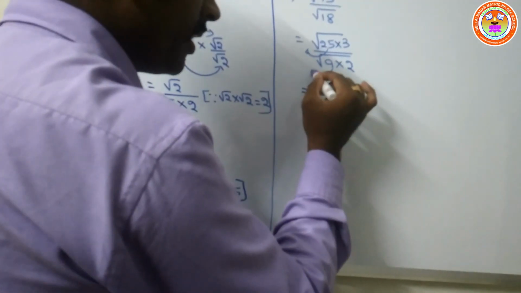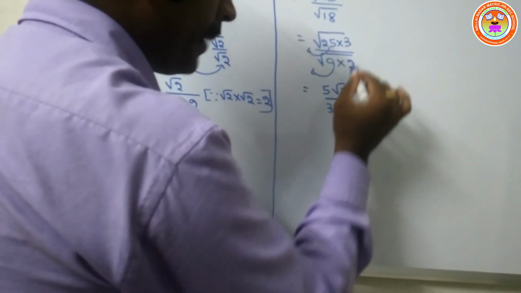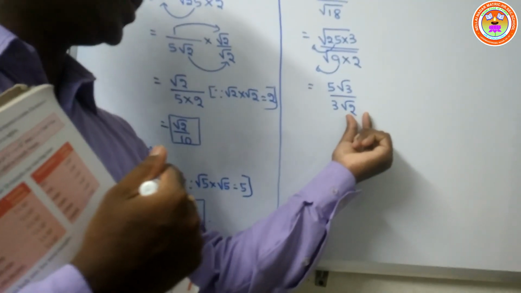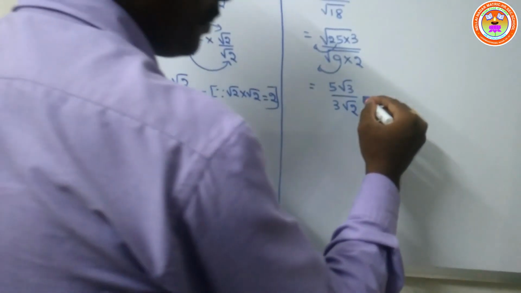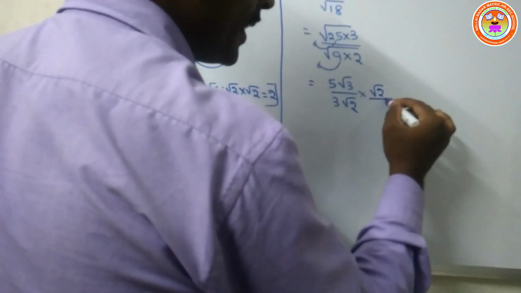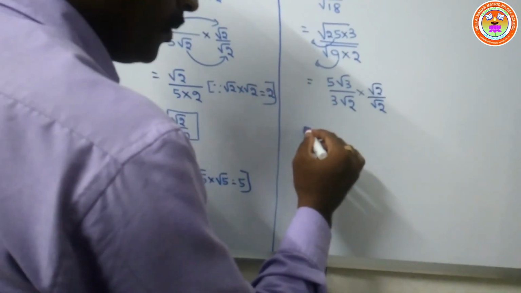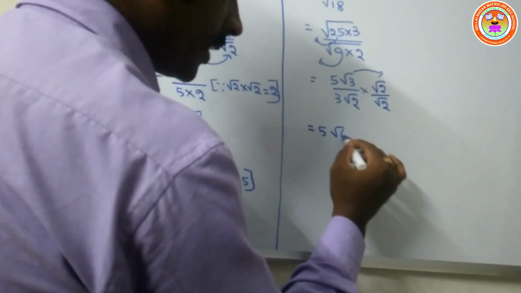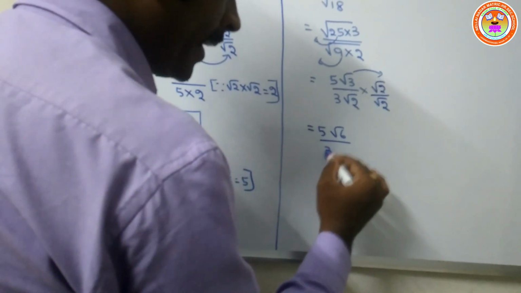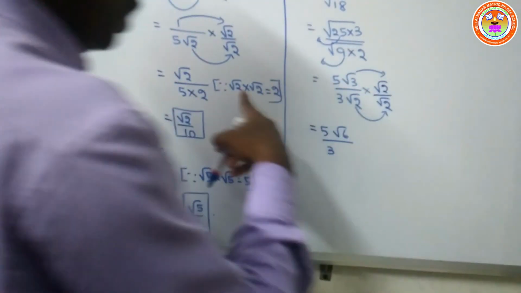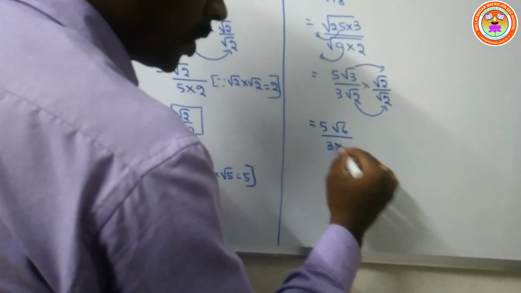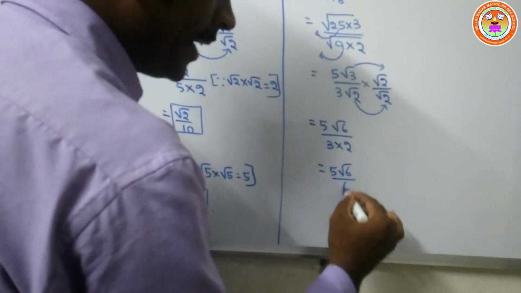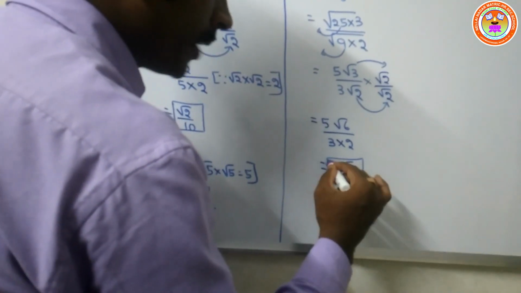Square root of 9 is 3, balance root 2. You are removing root 2, so multiplying and dividing by root 2. 5 root 3 into root 2 is root 6. 3 root 2 into root 2 is 2. So 5 root 6 by 3 twos are 6.